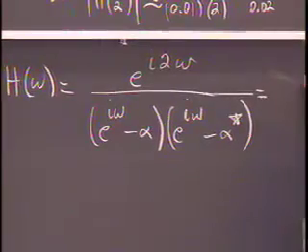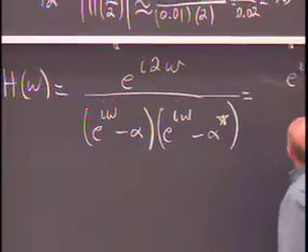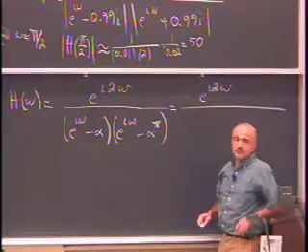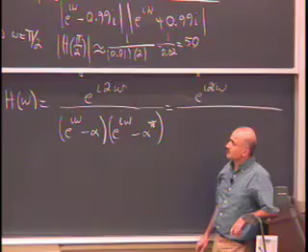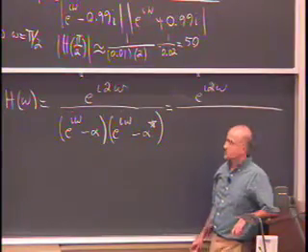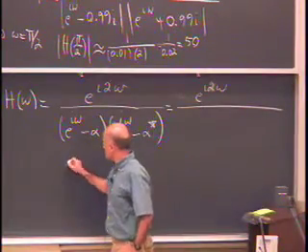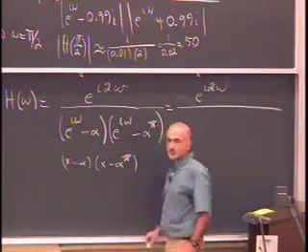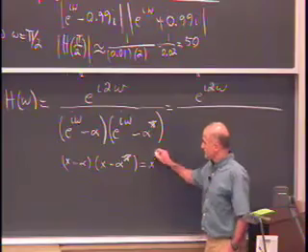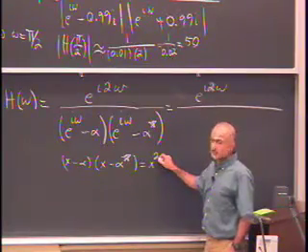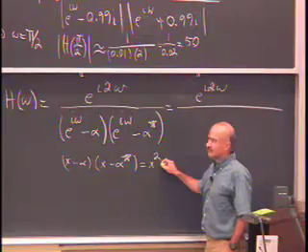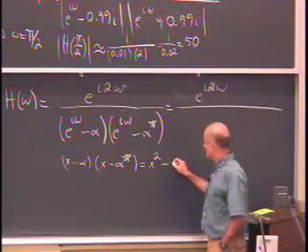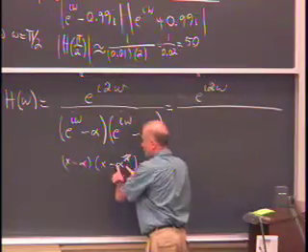What's the denominator polynomial in e to the i omega? You all know how to do x minus alpha times x minus alpha star, right? I hope. What do you get? x squared minus alpha star x minus alpha x.